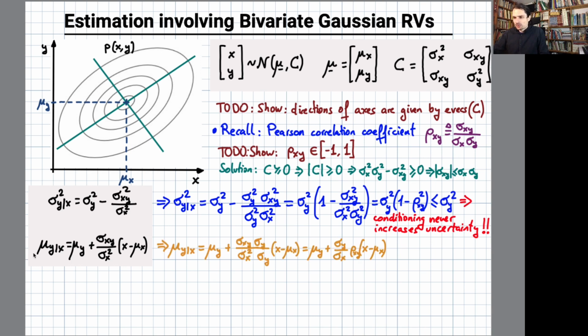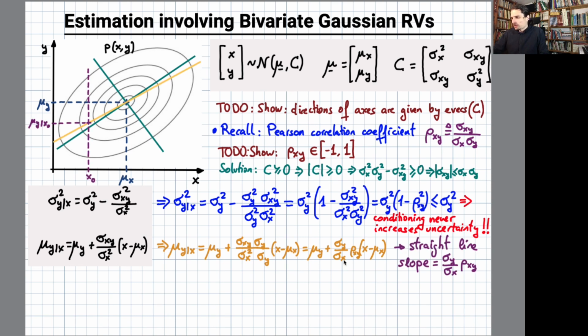Regarding the posterior mean, we can follow a similar procedure. We can multiply and divide this second term by sigma y in this case, and this allows us to express the posterior mean in this way, okay?